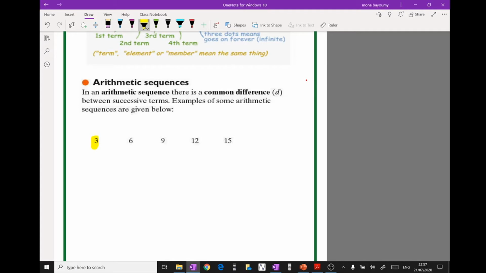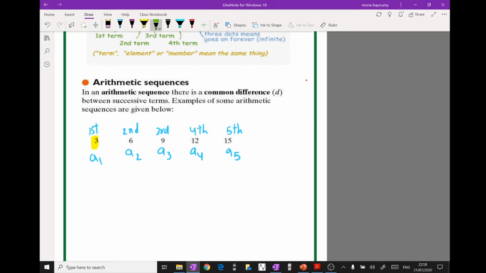Here we have 3 is the first term, 6 is the second term, 9 is the third term, 12 is the fourth term, 15 is the fifth term. Sometimes we say the first term is A1, second term is A2, third term is A3, fourth term is A4, fifth term is A5, and so on.